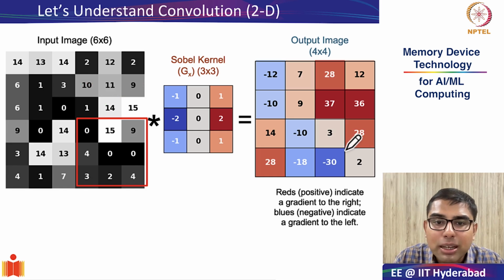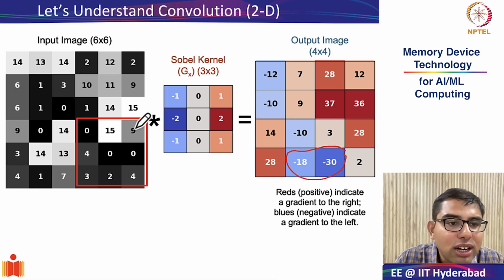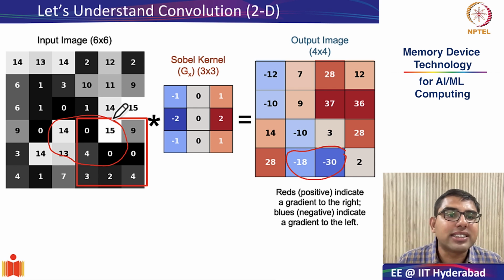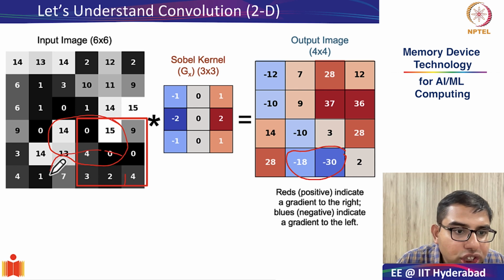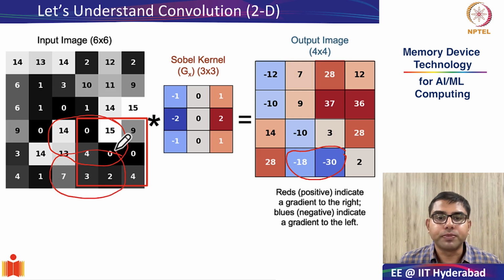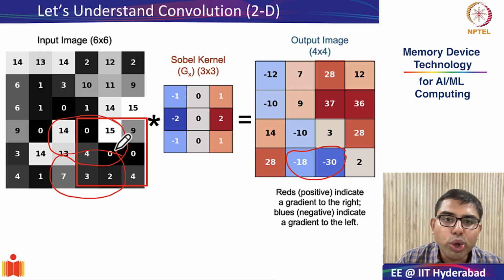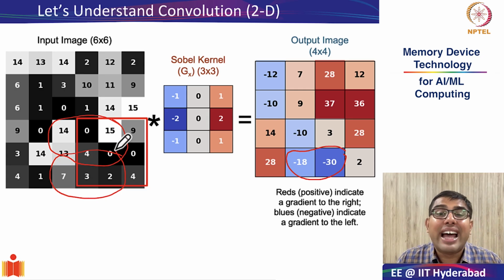Also, you see some large negative numbers at the bottom half of the image, and that also is quite easily visible because this part of the image has very large pixel values, 14, 15 and 13, and when you see an average across this, the pixel values seem to be diminishing. Therefore, this particular Sobel kernel is giving you through the output image an idea of the 2D derivative map.